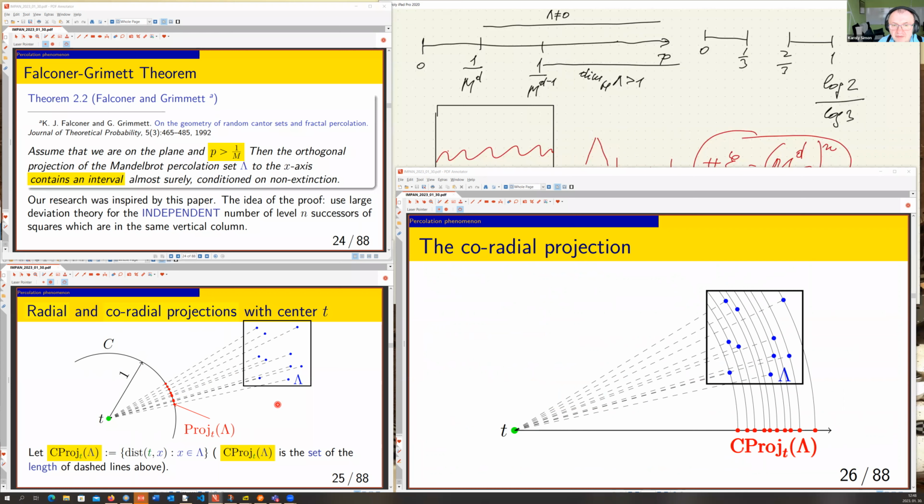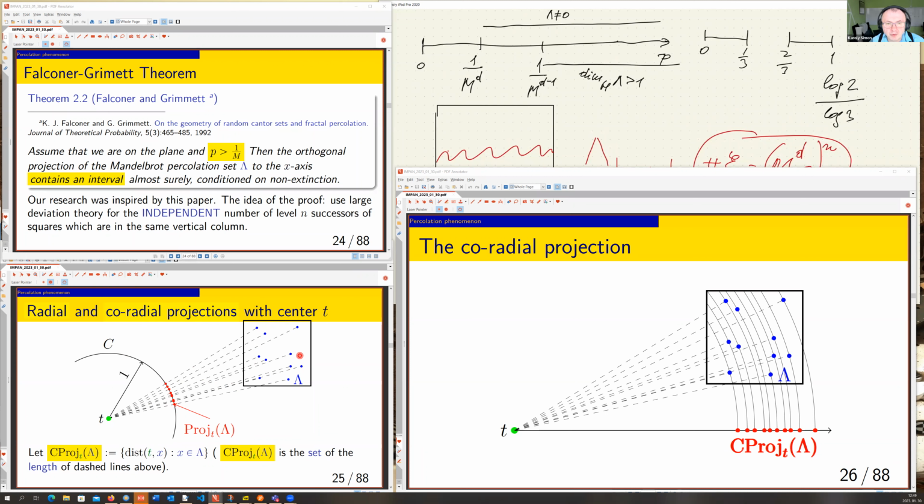Which means that if you are given a set and you project it, there is a center and there is a set. And this radial projection centered at T of this set Lambda is obtained by projecting the points of this set to the unit circle as it is shown over here. Sorry, I'm sorry, this is the radial projection, so there is no co here.